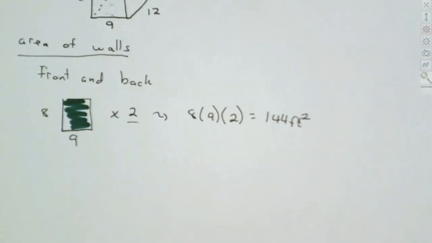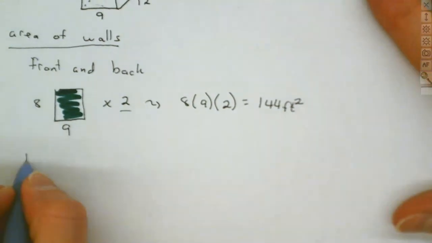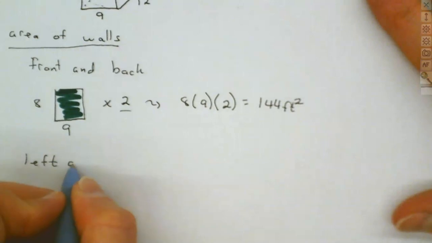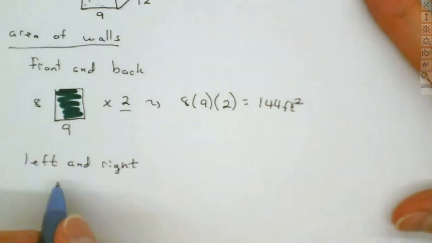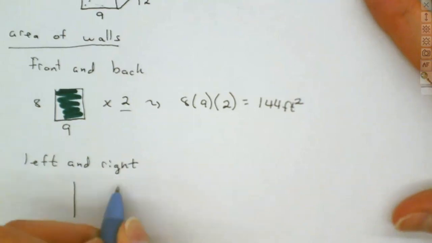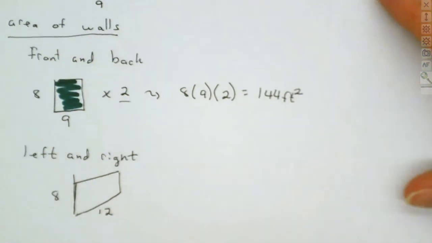Now, what about the left and the right wall? There's your left and your right wall here. And this is 12 by 8, right?